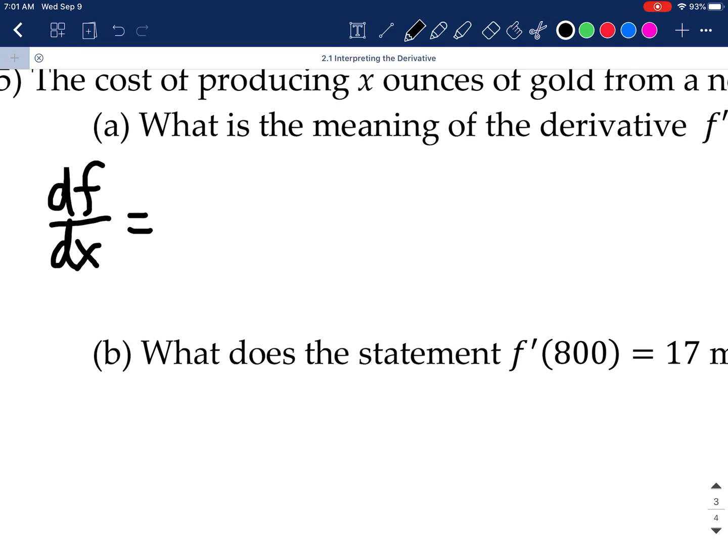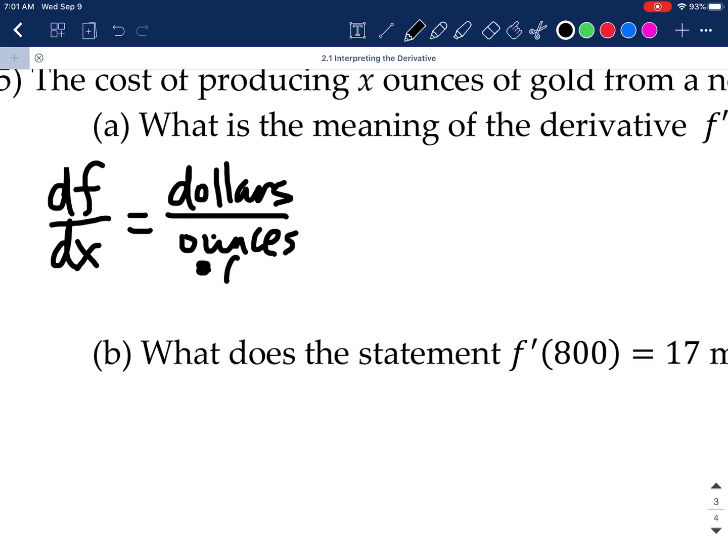So f, again, is going to be the cost in dollars, and x is going to be ounces of gold. So it's going to be dollars per ounce. So this is going to tell us the rate of change of the cost of producing x ounces of gold at a particular weight.